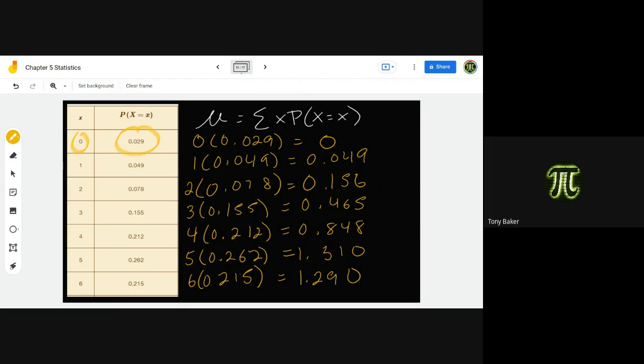So obviously 0, I don't have that up. So we get, for this one, this equals 4.118.